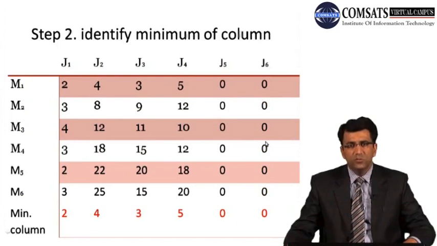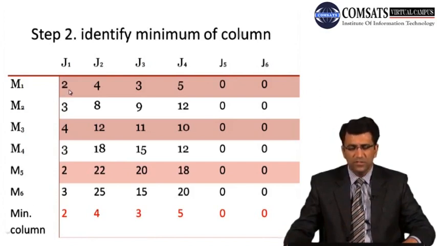Now in step 2, usually referred to as the column operation, we'll have to identify the minimum number out of the different columns available, and then subtract this value from each and every value of the respective column.